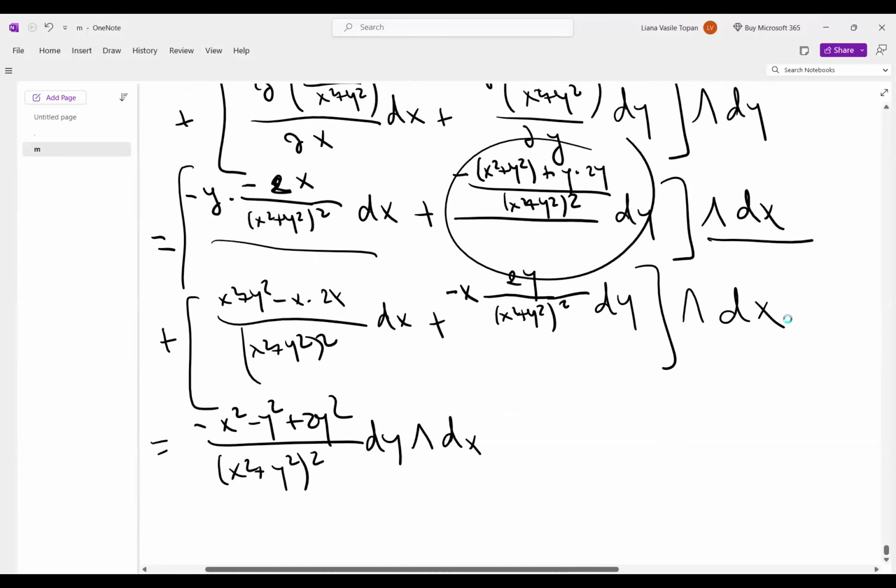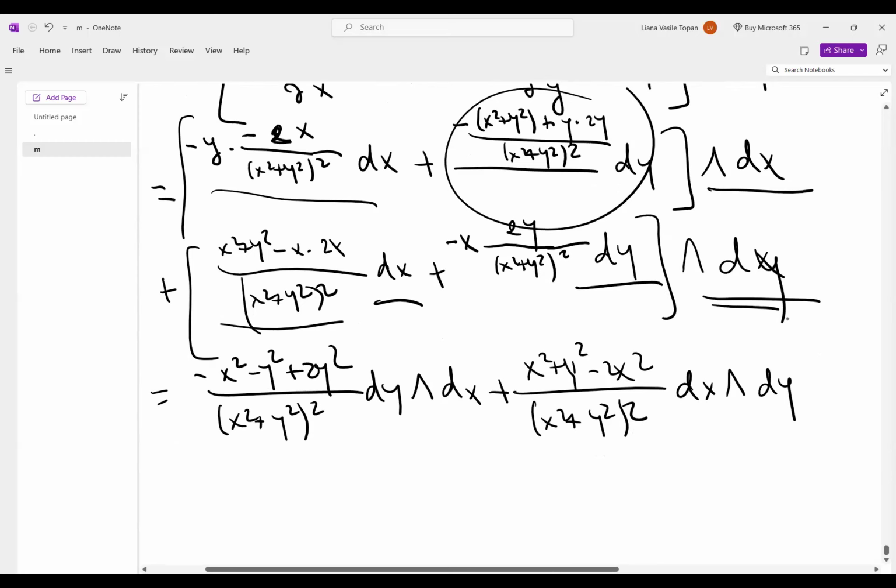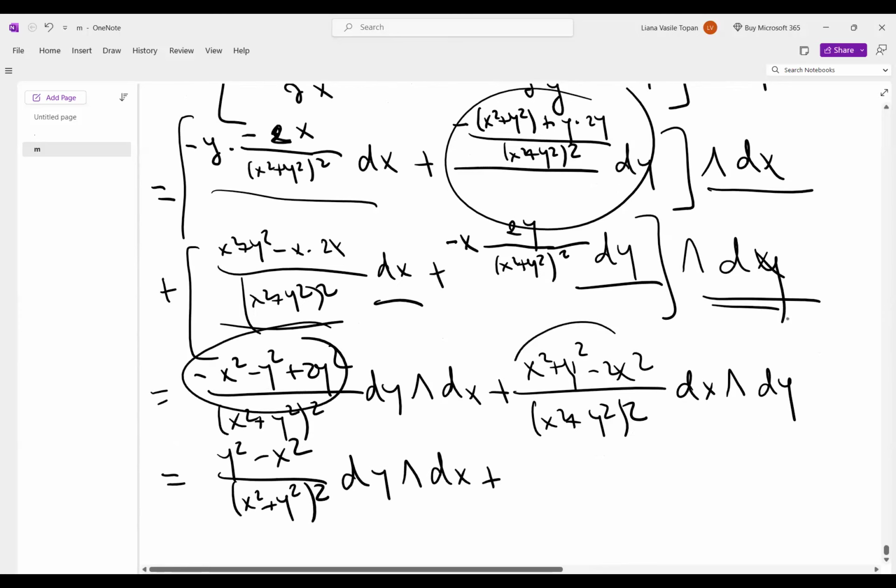And then this is dy, so plus this one: x squared plus y squared minus 2x squared over x squared plus y squared squared dx wedge dy, and then dy wedge dy will be 0, okay? So here we'll have y squared minus x squared over x squared plus y squared squared dy wedge dx, plus y squared minus x squared over x squared plus y squared squared dx wedge dy.